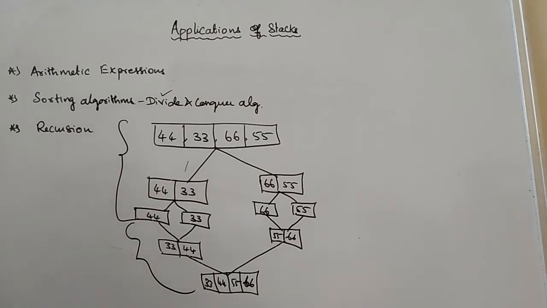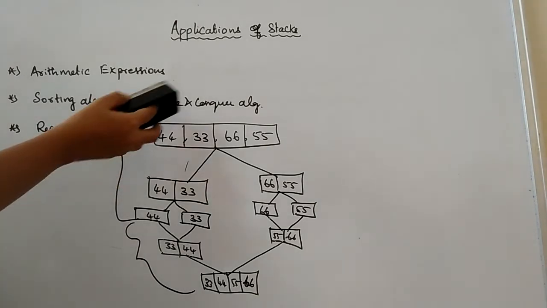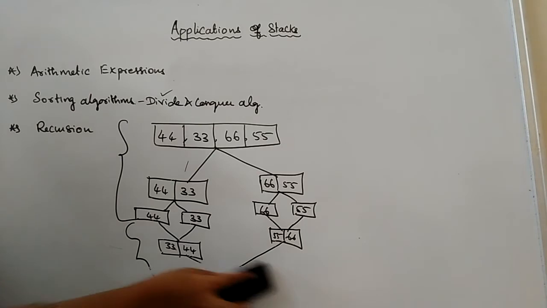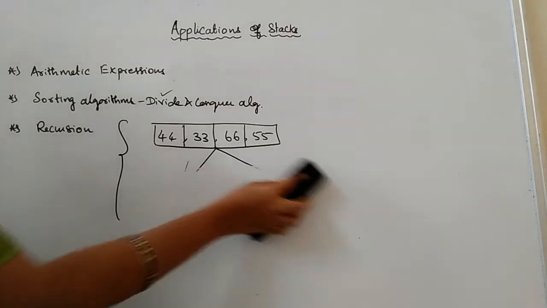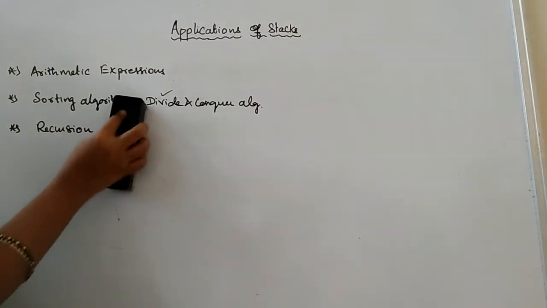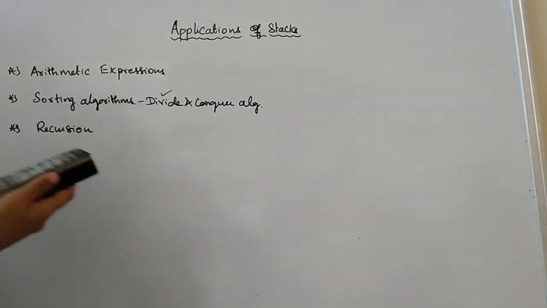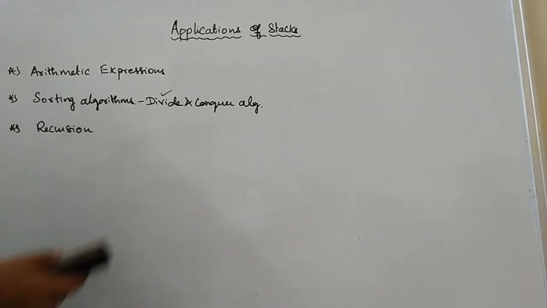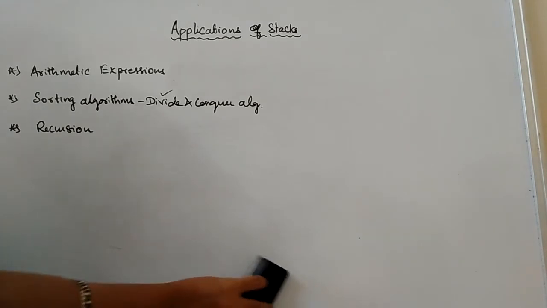Okay, so whichever sorting algorithm employs this divide and conquer method, that algorithm will make use of the stack. But why? What's the necessity of using the stack here?